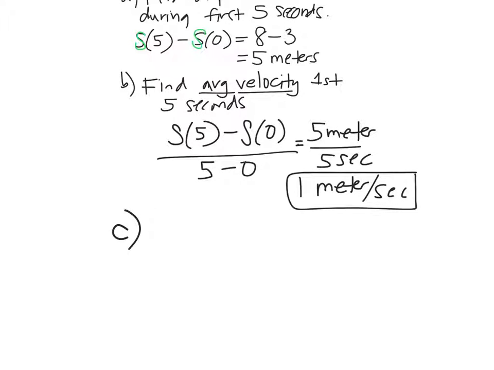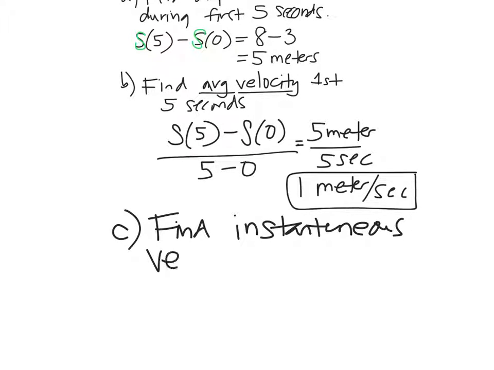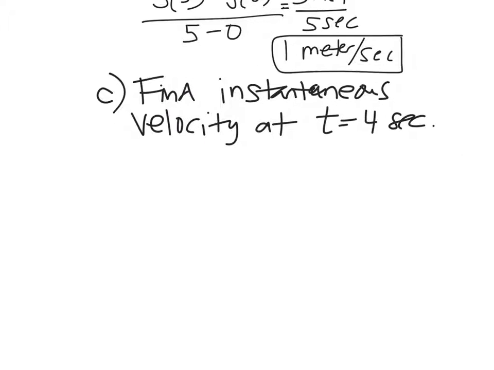Now we're going to find the instantaneous velocity at t equals 4 seconds. So I want to know how fast this thing's going at exactly 4 seconds. I know the average speed of it, but at 4 seconds, what's the speed?